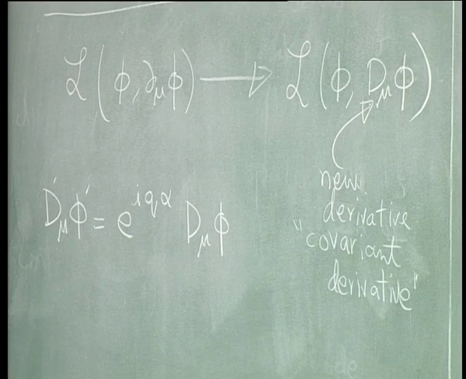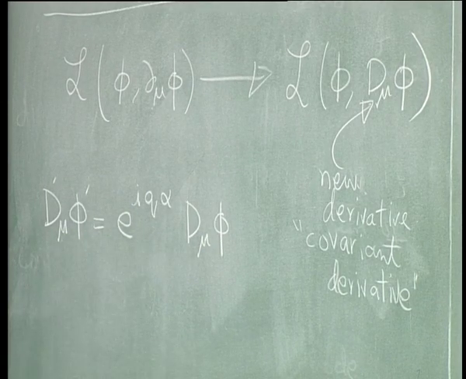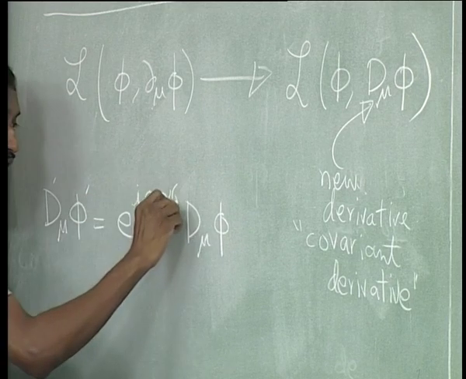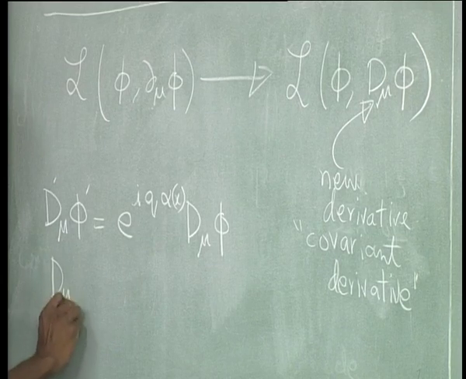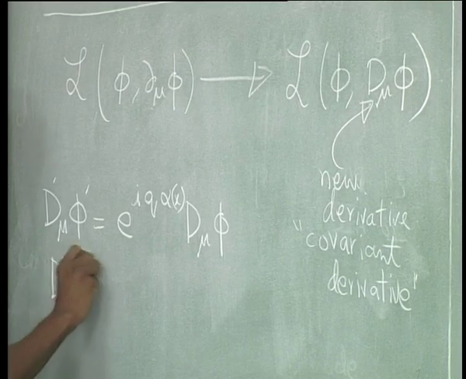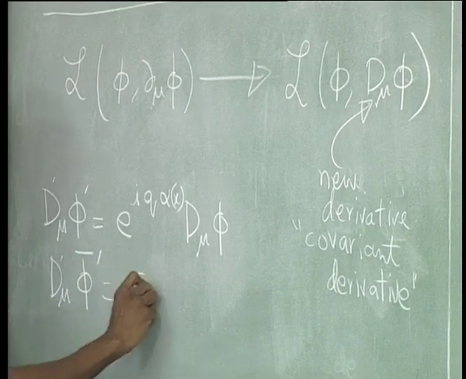That means it transforms nicely, that is what would have been our wish, but alpha here remains local, I am not making it constant. Okay. And of course the same covariant derivative acting on phi bar should do the same thing.